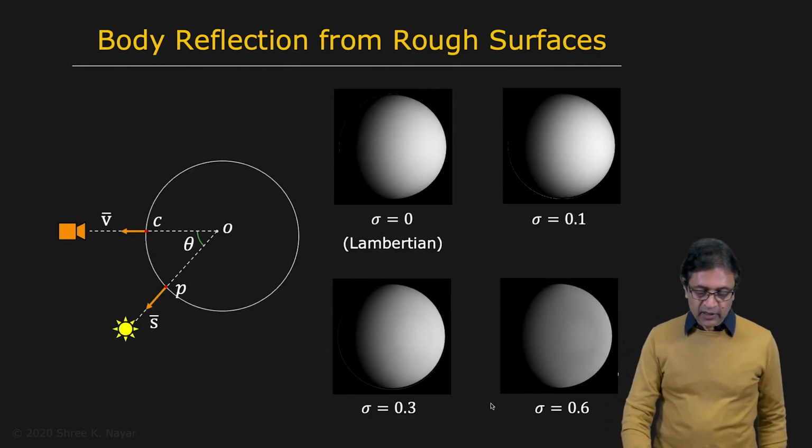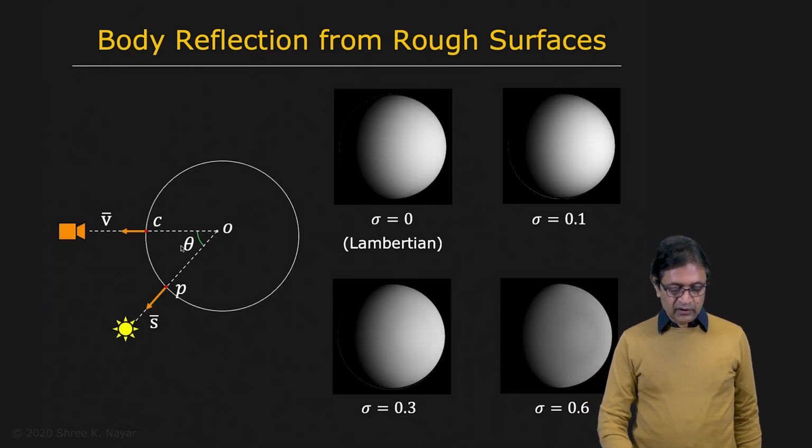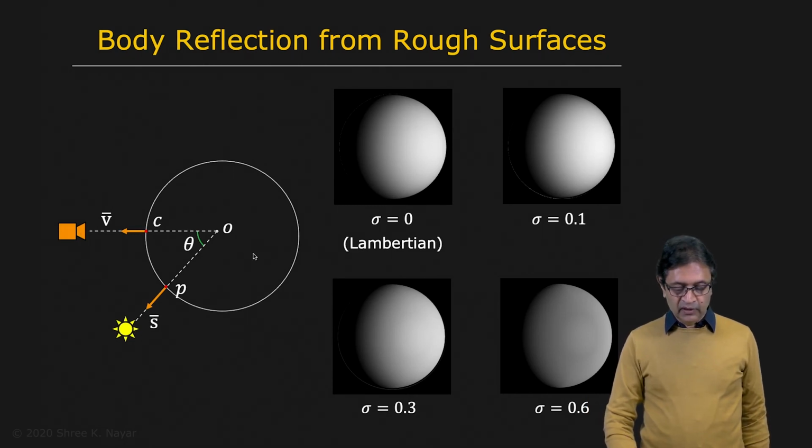So let's take a look at what happens in this case. Here you have the same setup, distant viewer and source, and when sigma equal to 0, you get exactly Lambertian reflectance. This is what we call a Lambertian sphere. As you start increasing sigma, you see that the sphere begins to appear flatter and flatter.